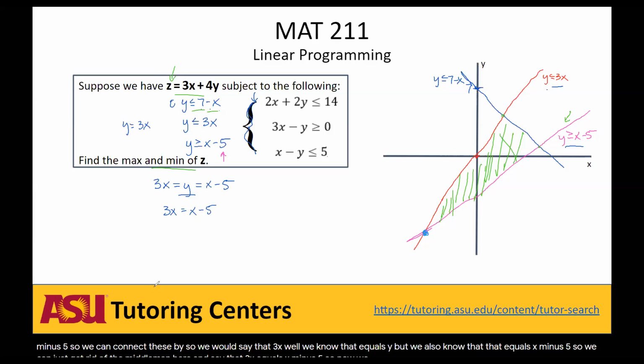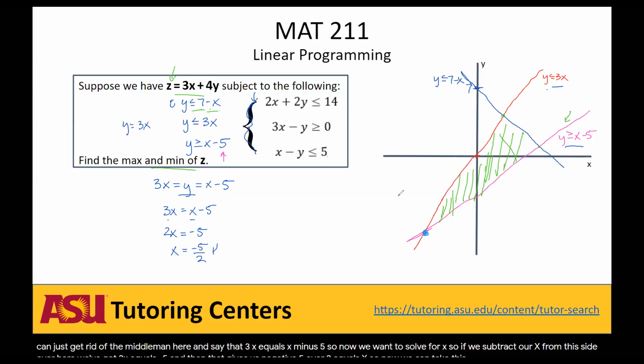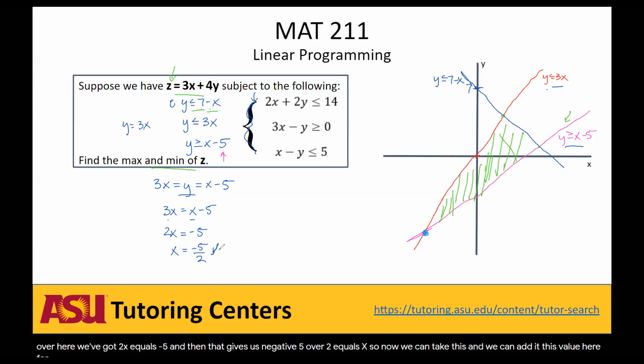So now we want to solve for x. So if we subtract our x from this side over to here, we've got 2x equals minus 5. And then that gives us negative 5 over 2 equals x. So now we can take this value for x and stick it in our equalities for either here or here to solve for our corresponding y value.